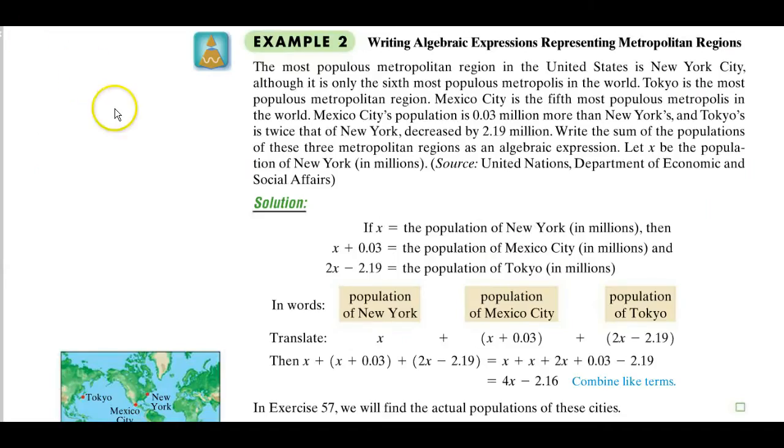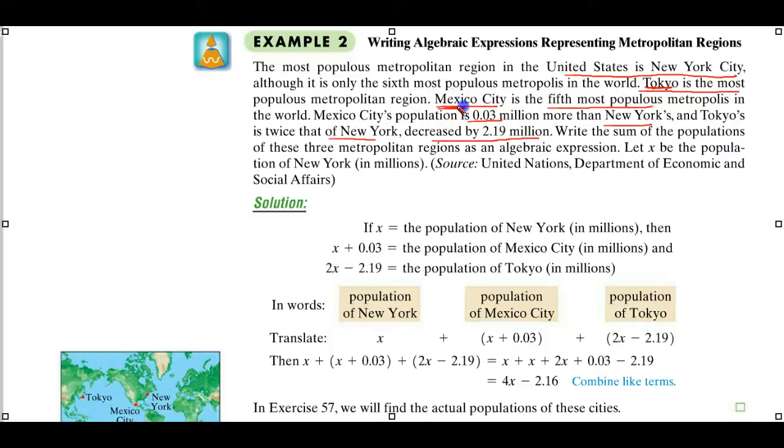So we started off easy. Let's go on to example 2. Now we'll pause as you read it. So in reading this, you should get that there are 3 cities discussed in terms of their population, with Tokyo being the first.